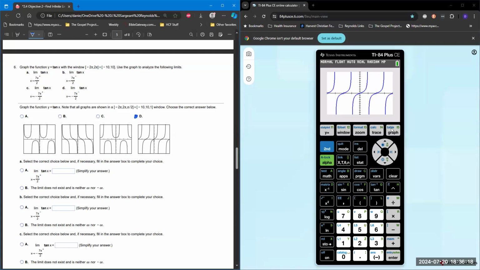At 7 pi over 2, we approach that from the right. That is 3.5 pi. It's outside of our window, but we can see that it's going to do the same thing as any other odd multiple of pi over 2 from the right. So pi over 2 from the right is going to negative infinity.